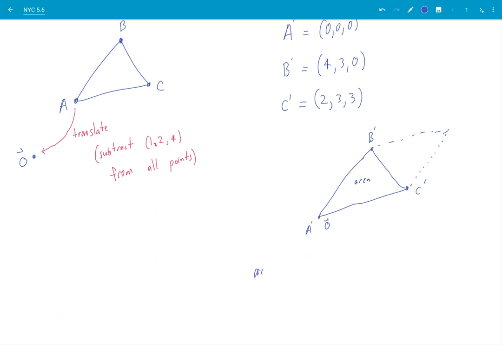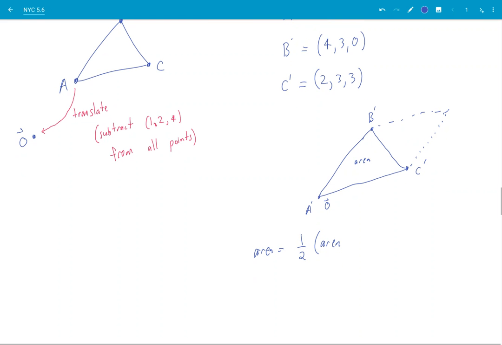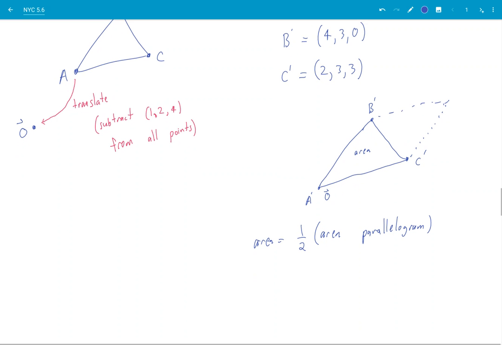So what do I want? Area is going to be 1/2 the area of the parallelogram, which is 1/2 u v sine theta, but I don't want to use that, right?